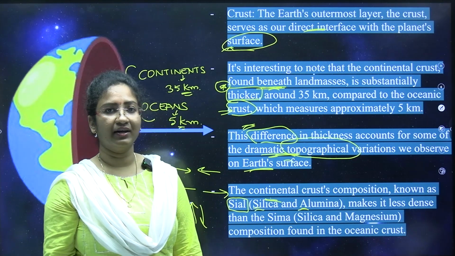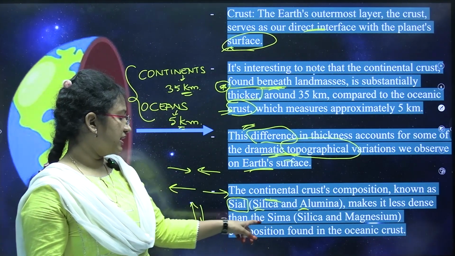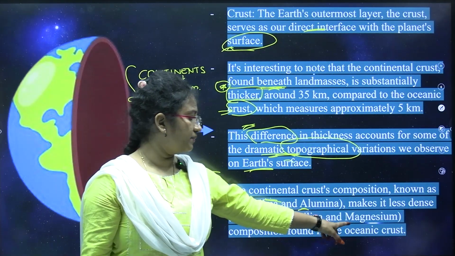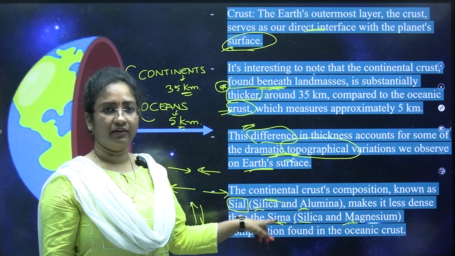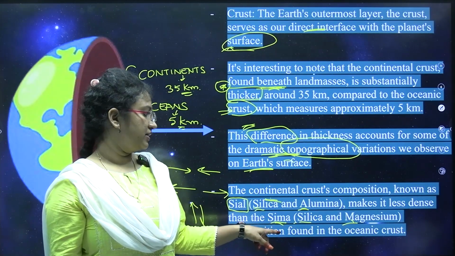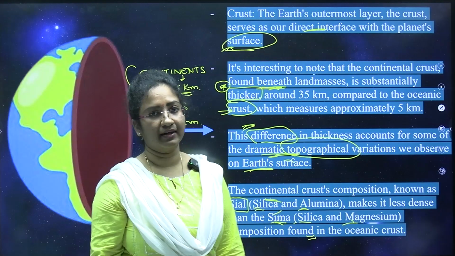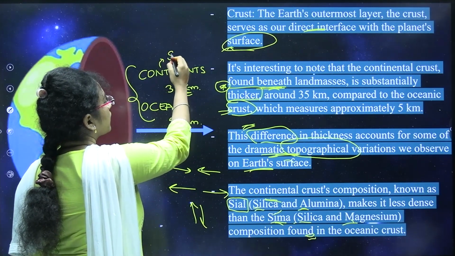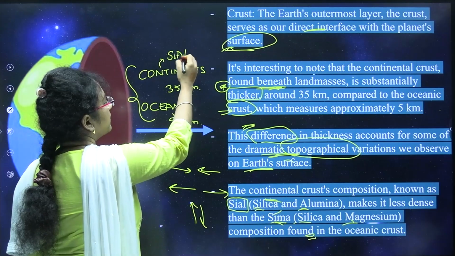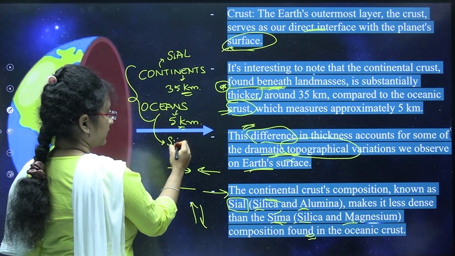This is one way you can remember this easily. And it makes it less dense than the Sima, that is silica and magnesium. Generally we write magnesium as Mg, but here we write it as Ma. Just remember this. This is the composition found in the oceanic crust. So in case of continents, the composition is Sial, and in case of oceans, the composition is Sima.